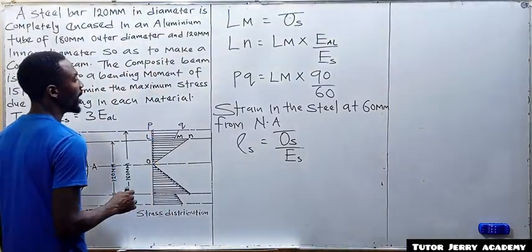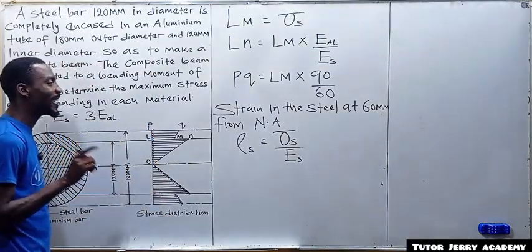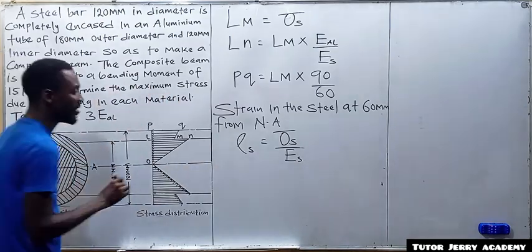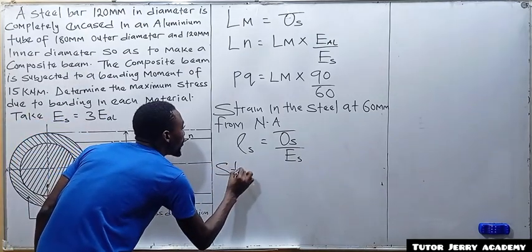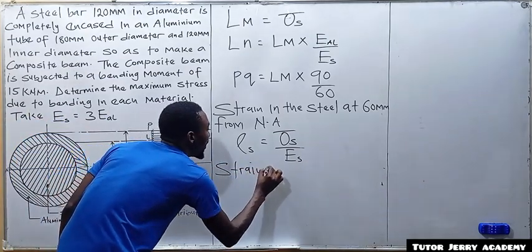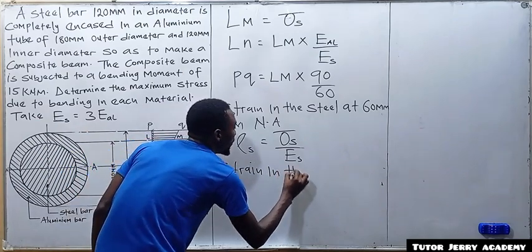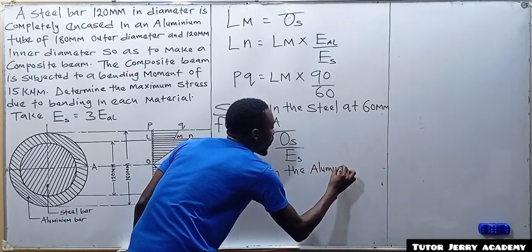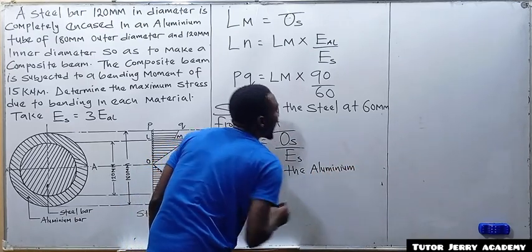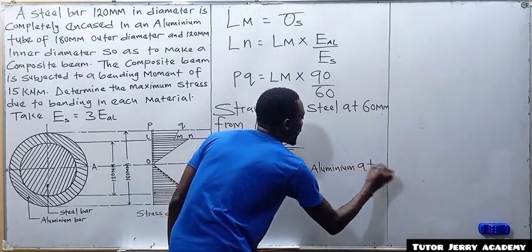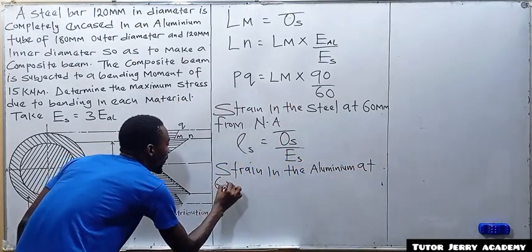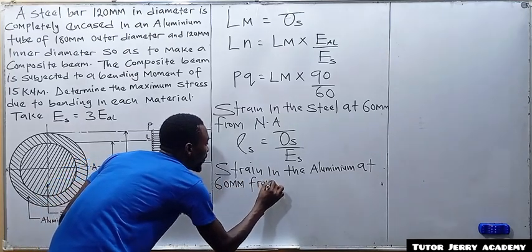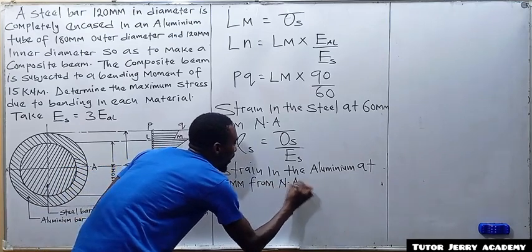So again, we are going to consider the strain in the aluminium at the same distance from the neutral axis. So we are going to consider strain in the aluminium at 60 mm from the neutral axis.